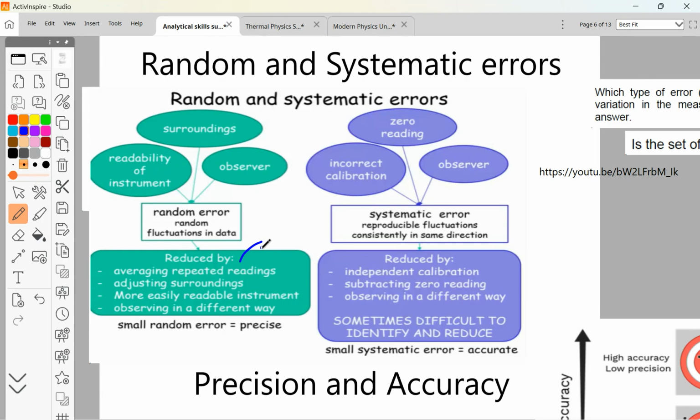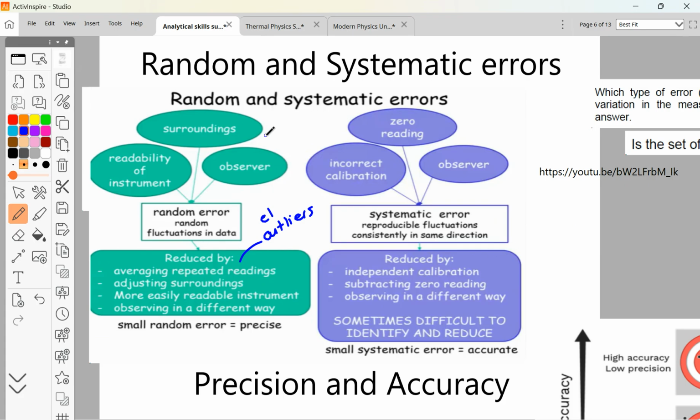You're taking repeated readings and you lose the outliers. Please remember, look for outliers and eliminate them. Then you get a new average, and that would give you a more precise reading. It still might not be accurate though.